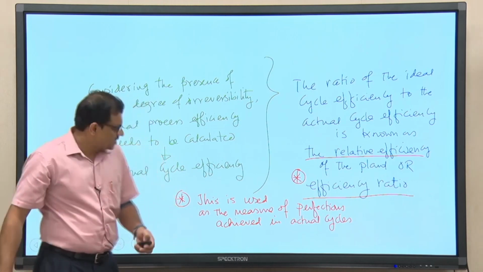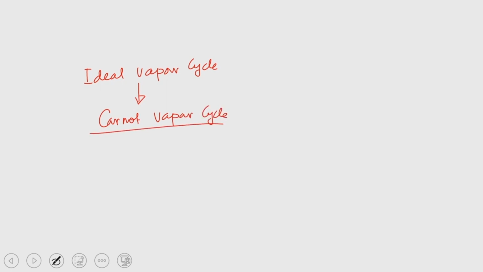Okay. So, I will be writing over here, ideal vapor cycle, and it should be the Carnot vapor cycle. You know that this Carnot vapor cycle, you have studied in thermodynamics.